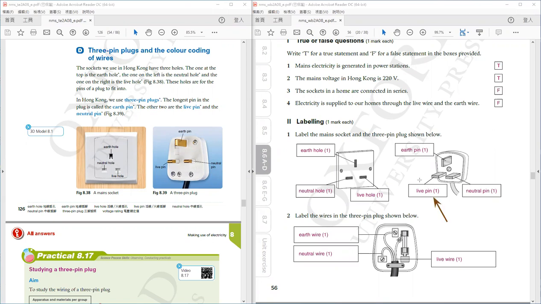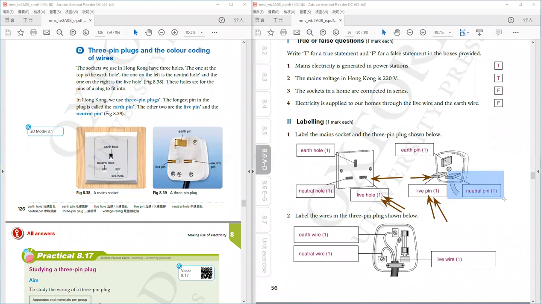It looks brown here. Therefore, the pin on the left hand side is the live pin. The hole on the right hand side is the live hole. Get what I mean?